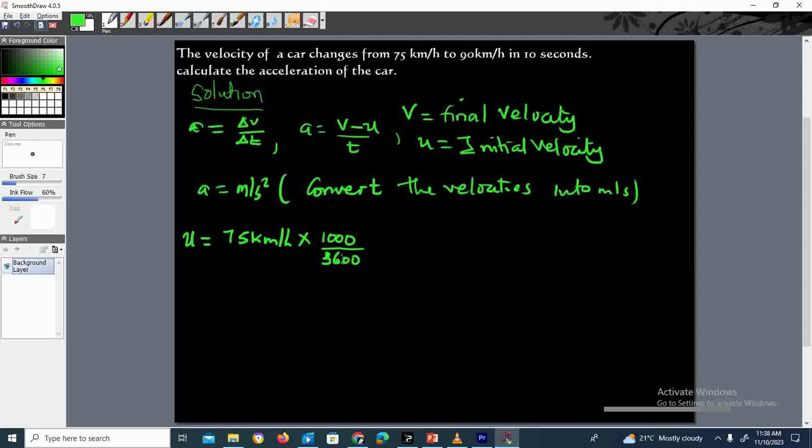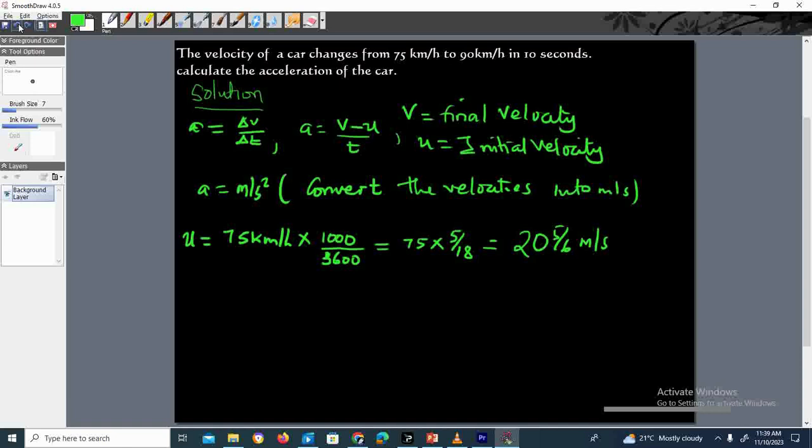So we are converting the hour into seconds. So there are 3,600 seconds in 1 hour. This will be the same as getting 75 multiplied by 5 over 18. Once you simplify this, it gives 125 over 6 meters per second.